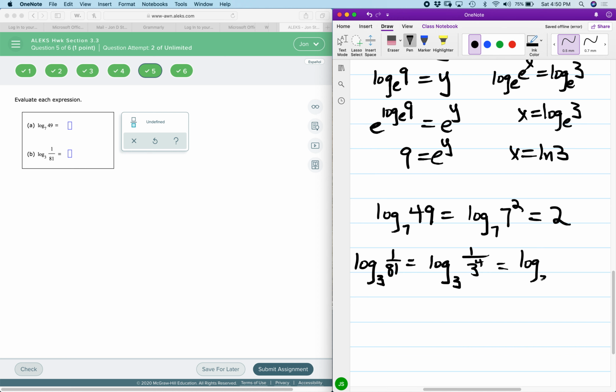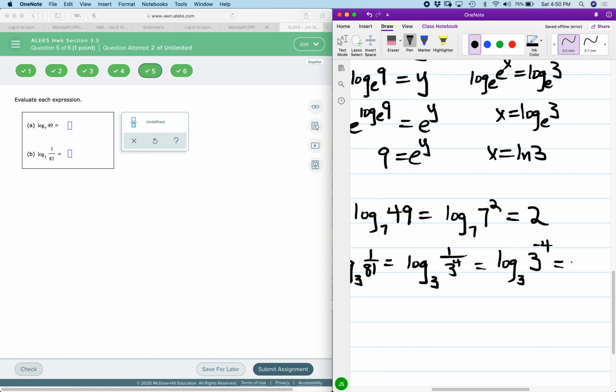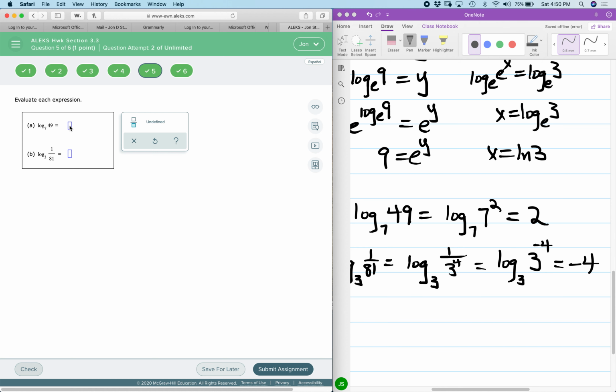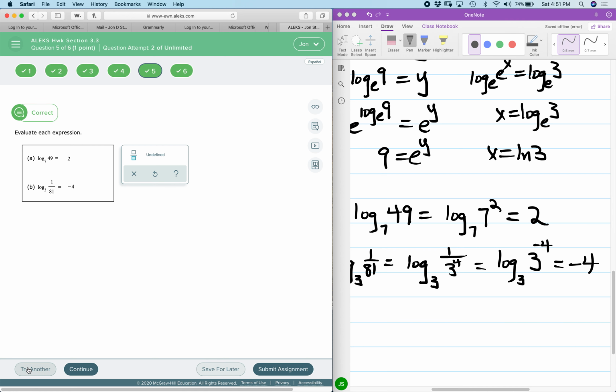Instead, the reciprocal of 3 to the 4th is 3 to the negative 4. So for part B, this will go to negative 4. So the base 7 logarithm of 49 goes to 2, and the base 3 logarithm of 1 over 81 goes to negative 4. Checking out, the result is correct.